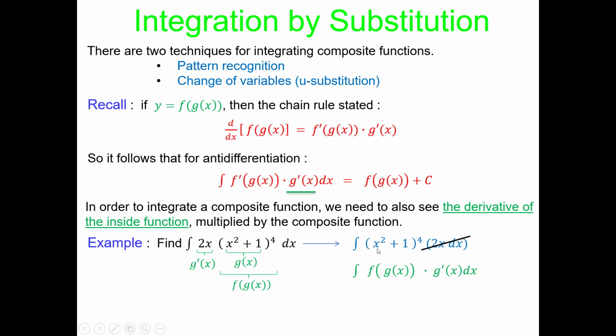So since this outside function is something to the power of 4, the antiderivative is 1/5 times that function to the power of 5, of course, plus c. So if we started with an f of g of x, then that must mean that this must be big F of g of x.